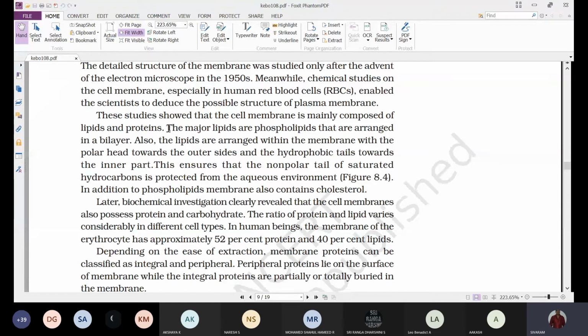The major lipids are phospholipids, conjugated lipids, the lipids that are associated with certain compounds like phosphate. That's why we call it a phospholipid. These phospholipids are arranged in a bilayer, that means two layers, an outer layer and an inner layer.